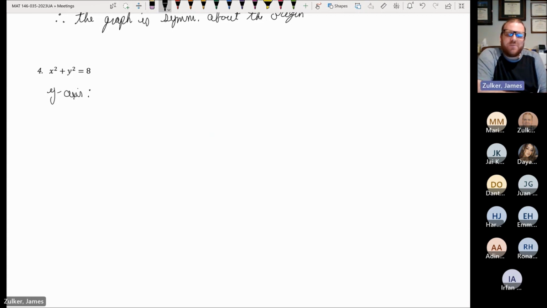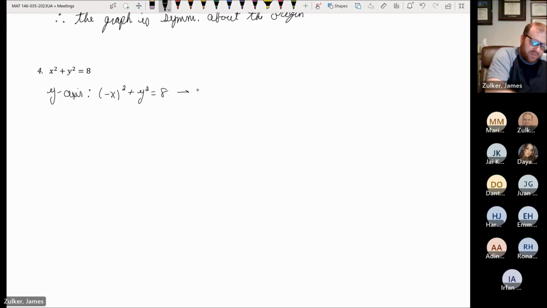So to test the y-axis, replace x with negative x. So negative x quantity squared. That's just x squared, right? So we get x squared plus y squared equals 8. Well, that's the same, right?